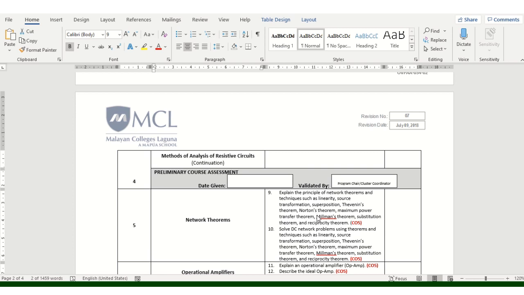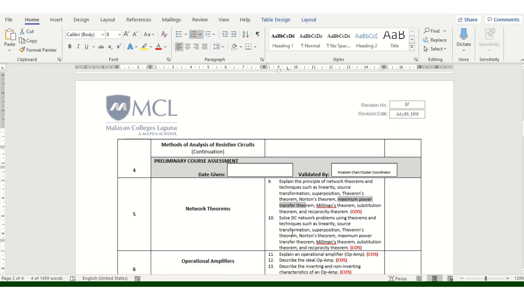Theorems like Thevenin's and Norton's theorem will be covered, including the concept of maximum power transfer. We'll also cover source transformations and superposition theorems.